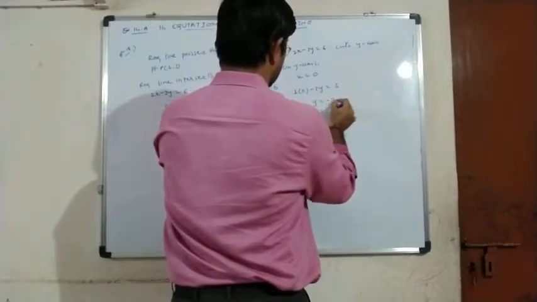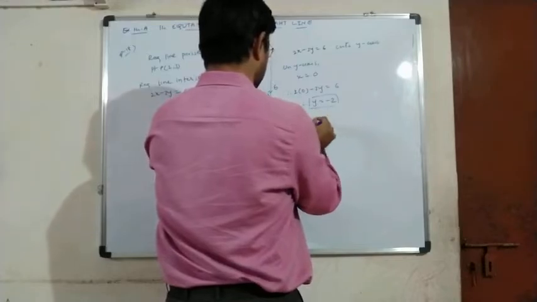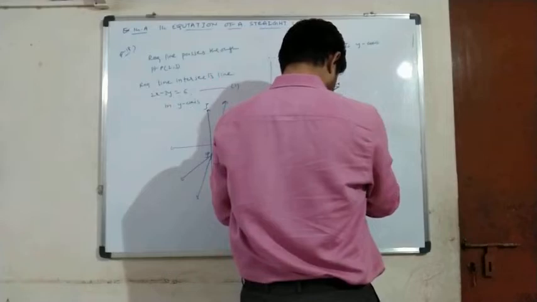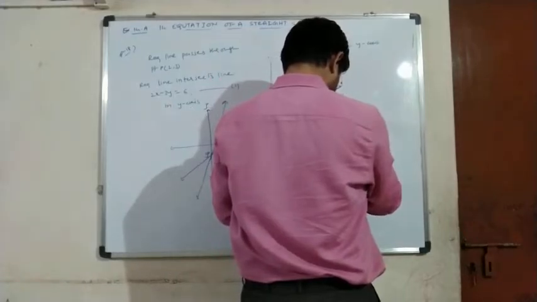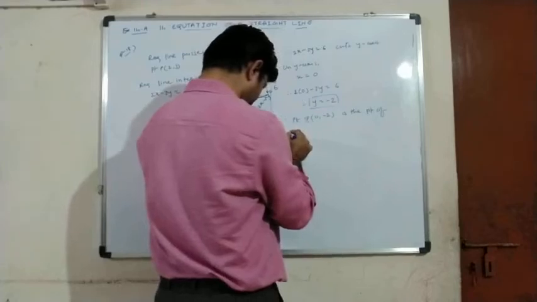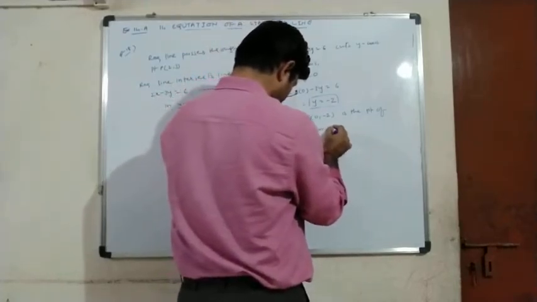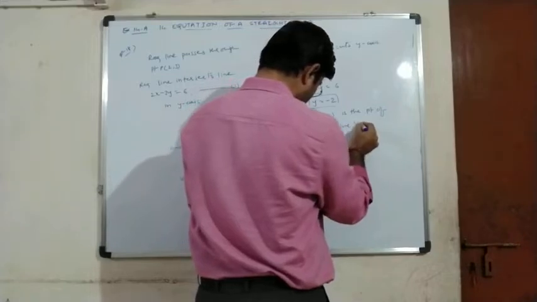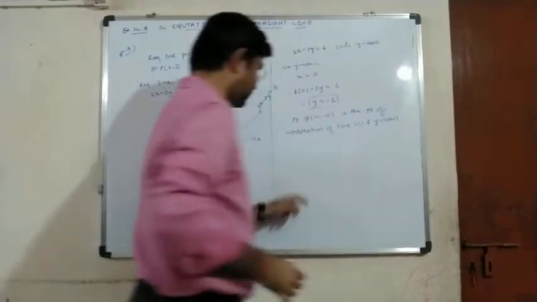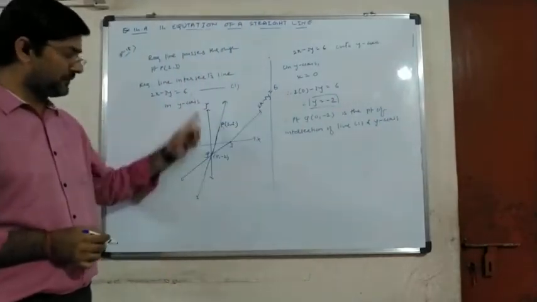Therefore y is equal to minus 2, and therefore point Q 0 comma minus 2 is the point of intersection of line 1 and y-axis. Clear? So here Q 0 comma minus 2 is the point of intersection of the given line and y-axis.